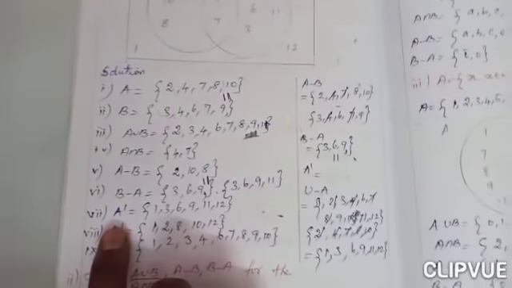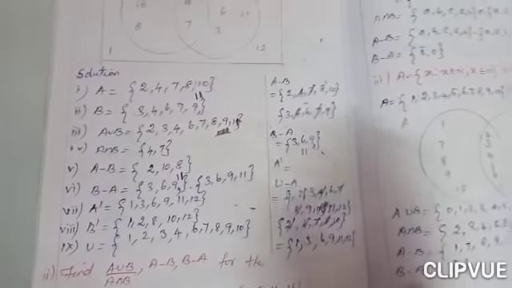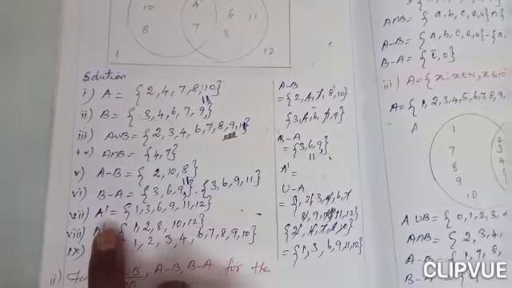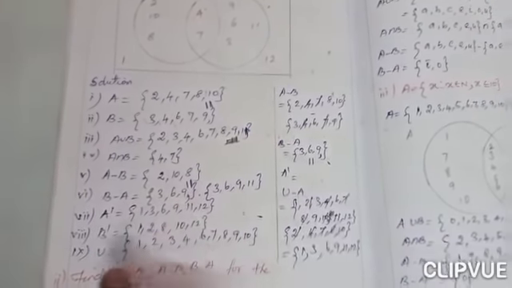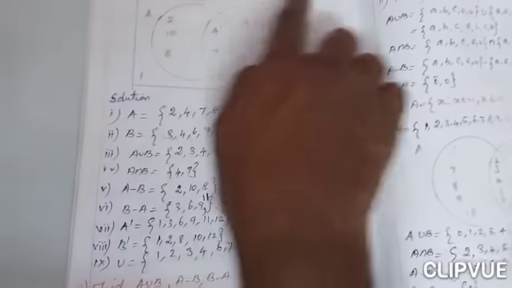After that, A dash. In this A dash case, we have to subtract the set A from the universal set. Before that, we have to write the elements of the universal set. Look at the rectangle.